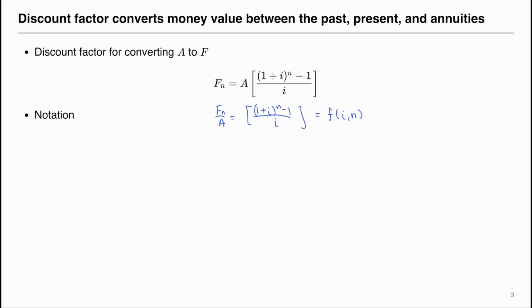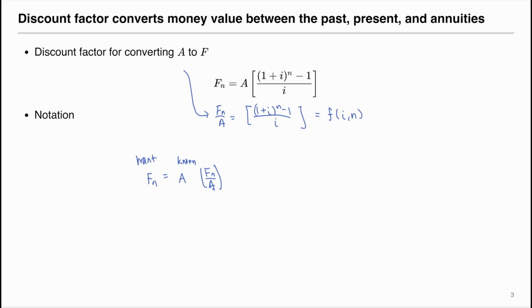This is called the discount factor for converting A to F. And why is A at the bottom and F at the top? It is because if we want an F, then we can multiply A, which is known, by a discount factor of F divided by A.